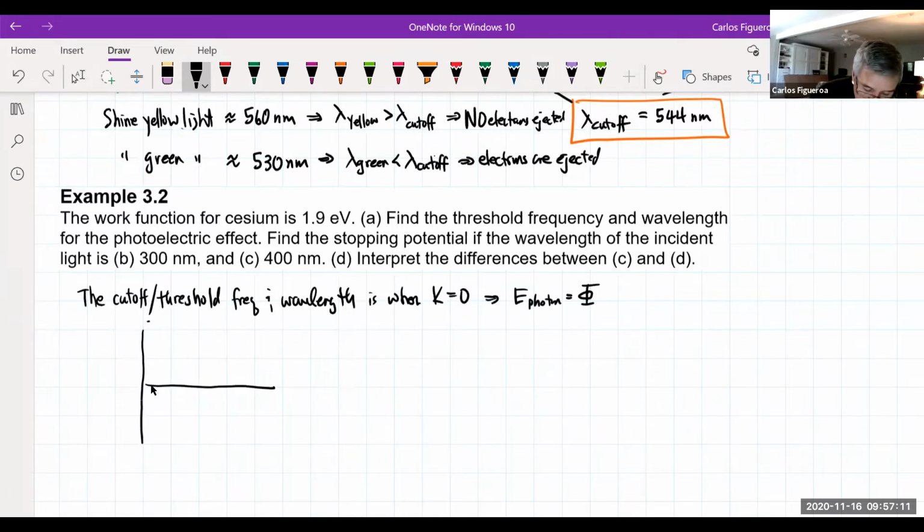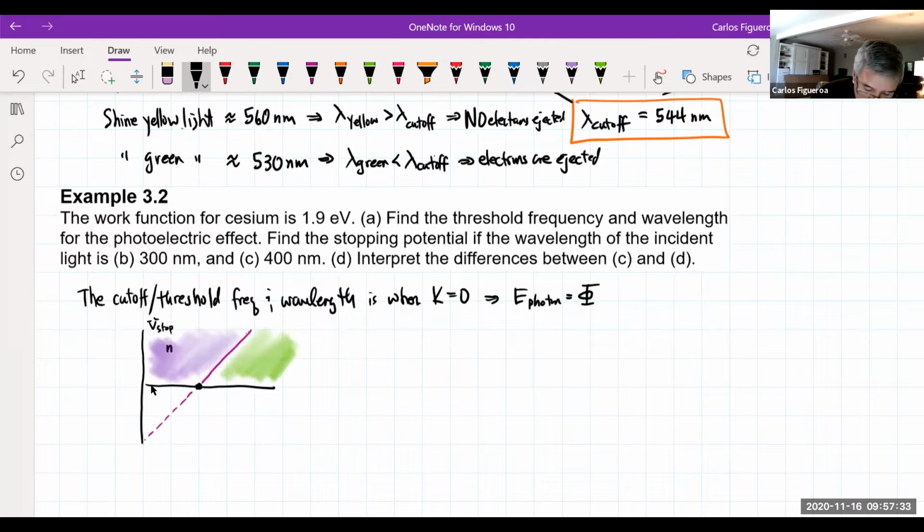If I look at V stop, there's that one magical point right there. So if I look at that magical point, it means this. So I have something like this, and this is the region where I get no electrons. This is the region where I get electrons, right?